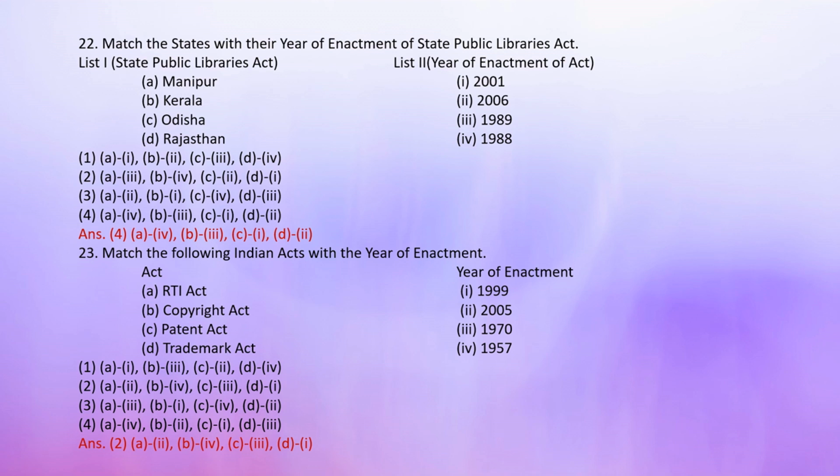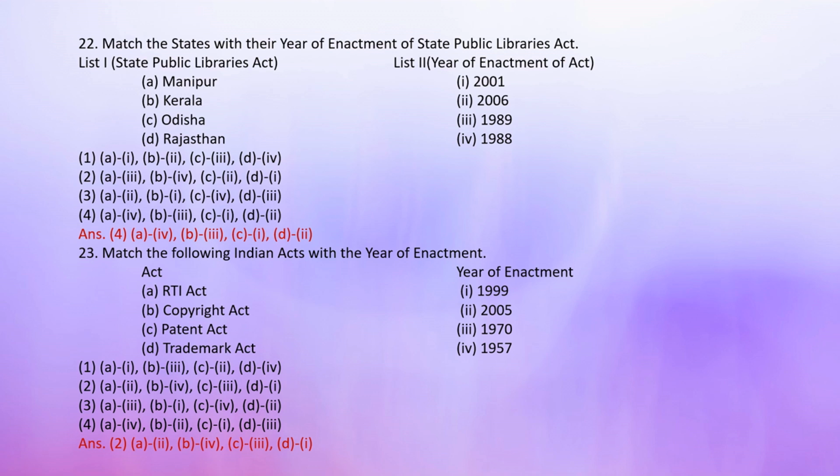Means A. Manipur goes on 1998, B. Kerala goes on 1989, C. Odisha goes on 2001, and D. Rajasthan goes on 2006.